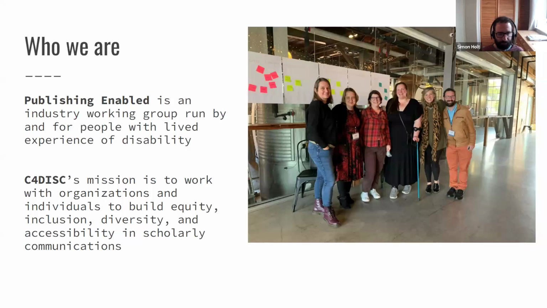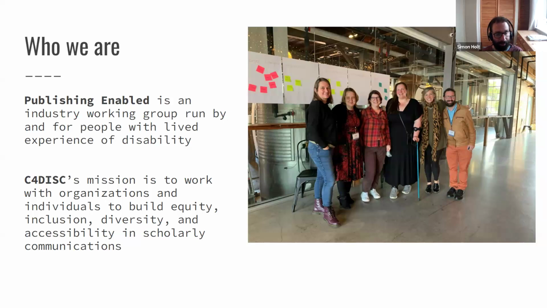So we are a group of people who mostly have direct lived experience of some kind of disability, and we work in the scholarly communications industry. So my name's Simon. I live in Oxford in the UK.